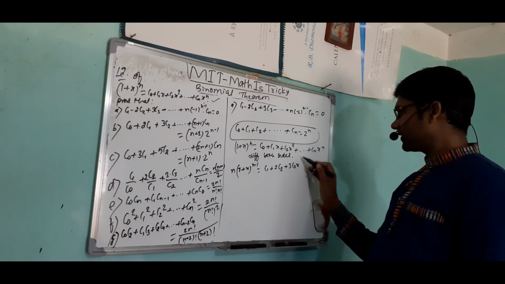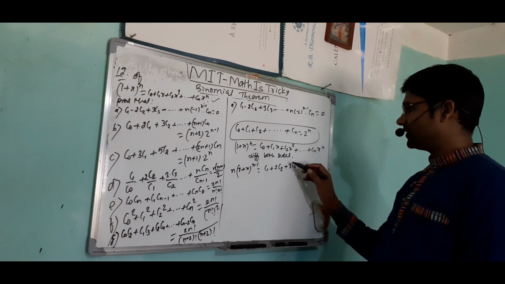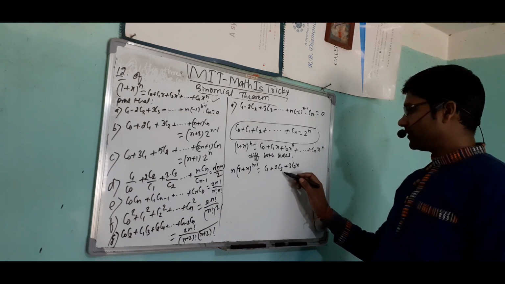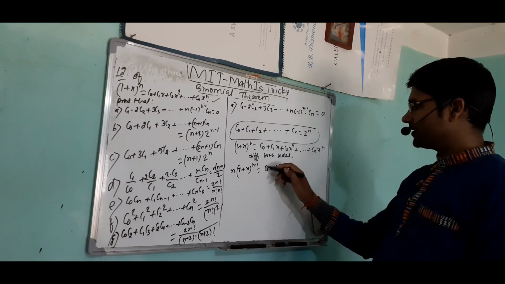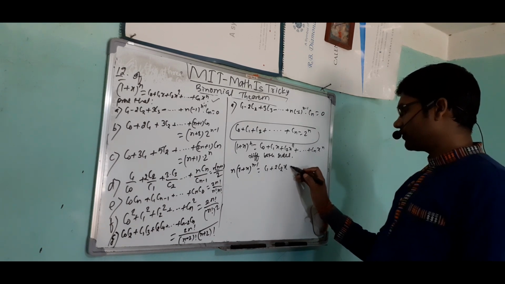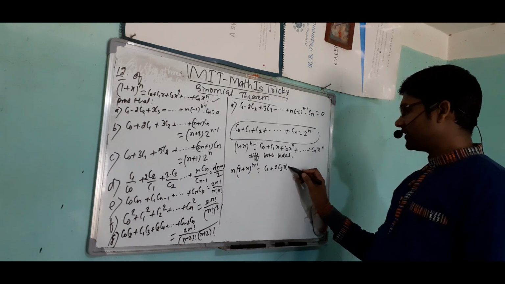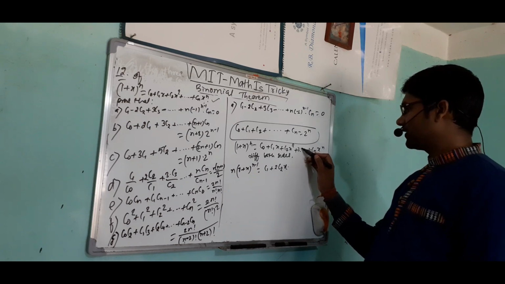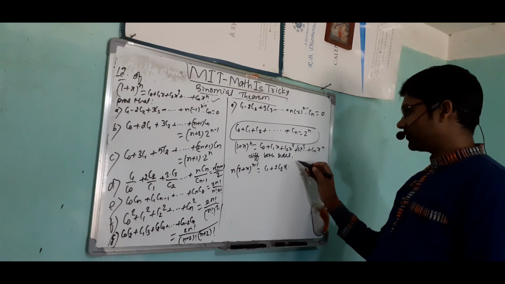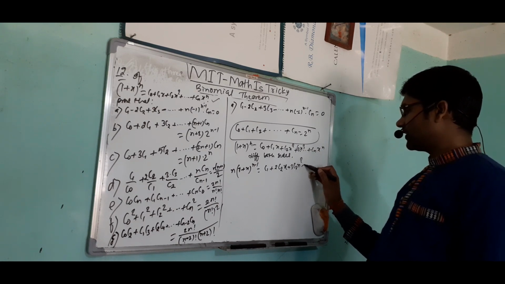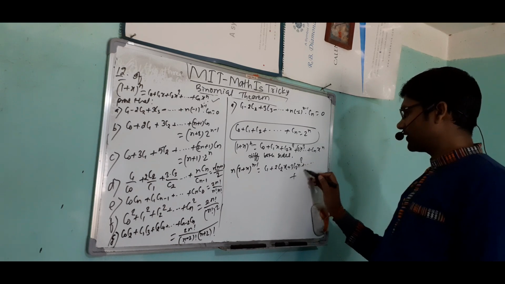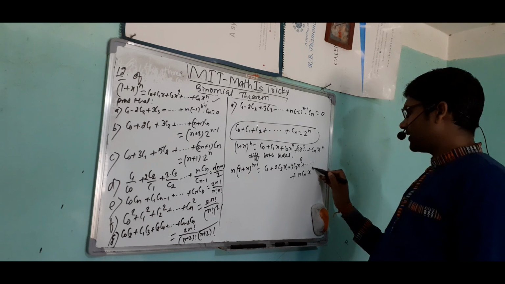The derivative of x square is 2x, so 2 c2 x, plus then the derivative of 3 c3 x cube, so it will be 3 c3 x square, and then dot dot dot plus at last n cn x power n minus 1.